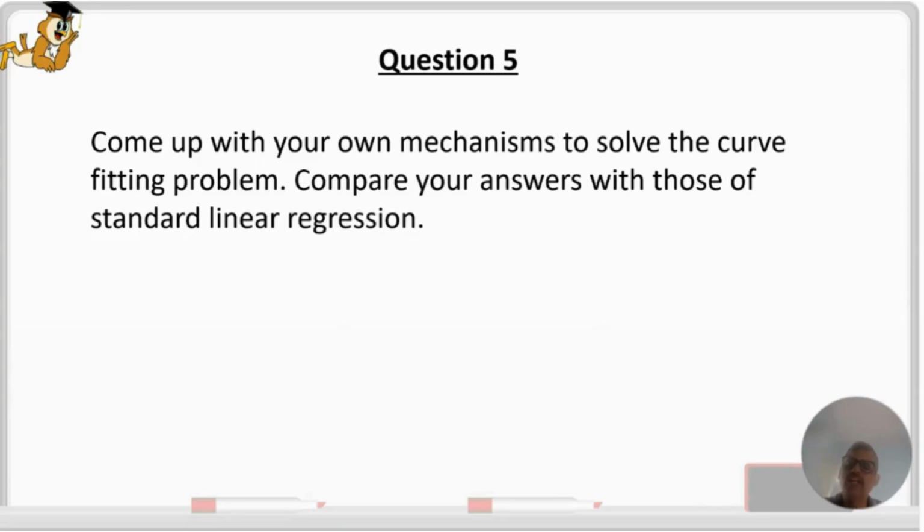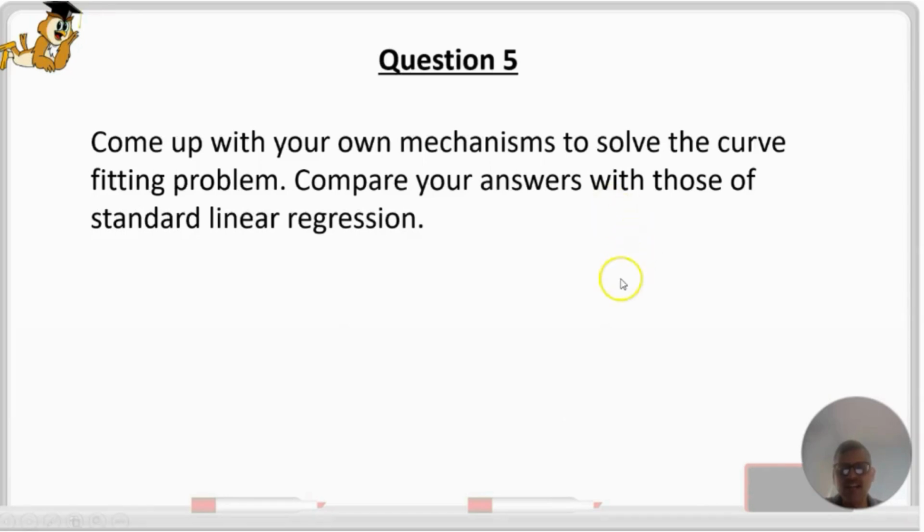So what this would entail is you create a training data set and run linear regression on it, find R square score or find the mean square error, and then come up with your own mechanism, not linear regression. You could fit any sort of a curve into that data. Try to think of very simple mechanisms, I mean nothing complex, and then compare the accuracy of your model with the accuracy of linear regression.